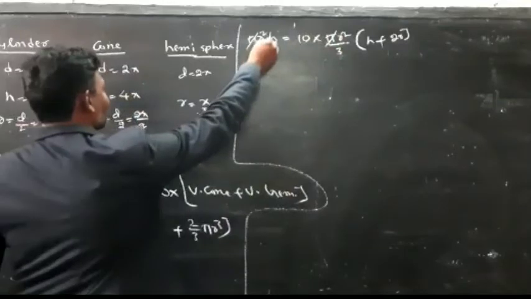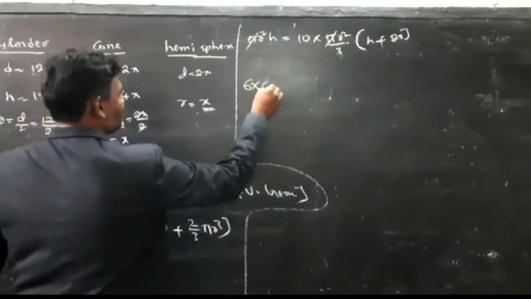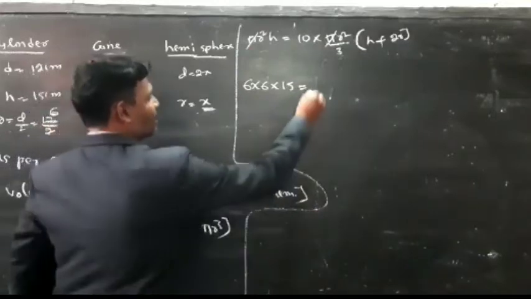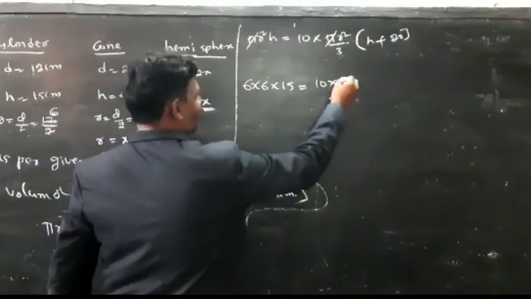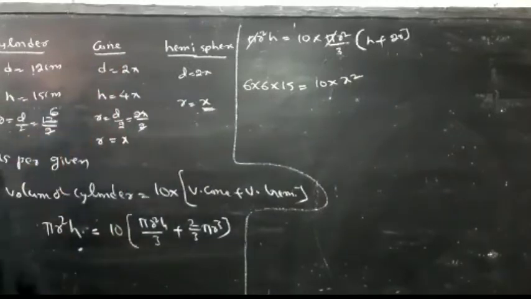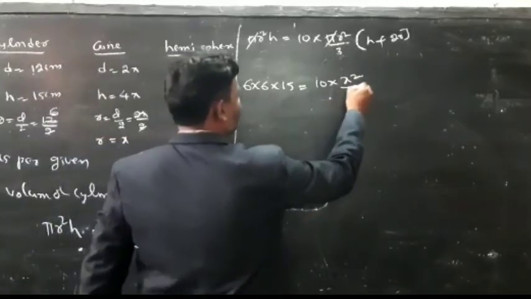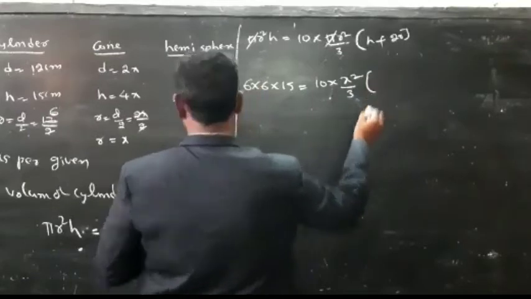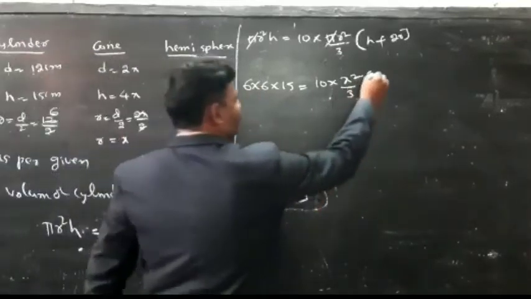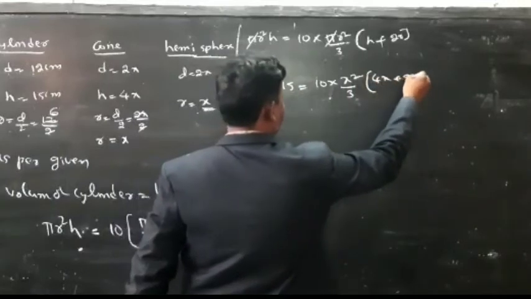What is the radius of the cylinder? 6. So 6 into 6 into, what is the height here? 15, is equal to 10 into r square, which means x square, because the radius of the cone is x, by 3 bracket. h means what is the height here? Height of the cone is 4x. 4x plus 2x.